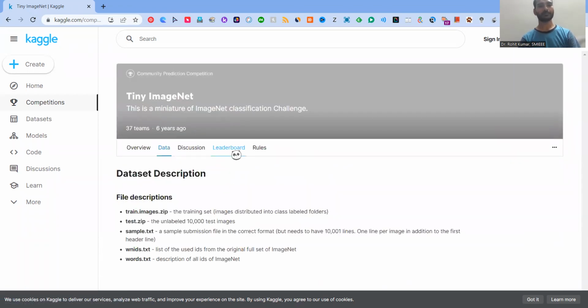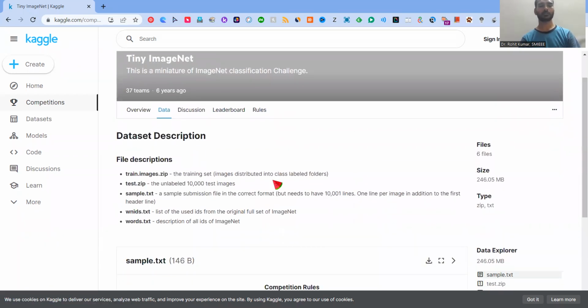Now coming on to the main part, that is the dataset. The dataset description is a very important part of any dataset, and it lets you know the key components or attributes of a dataset, or the specific partitions of the dataset.